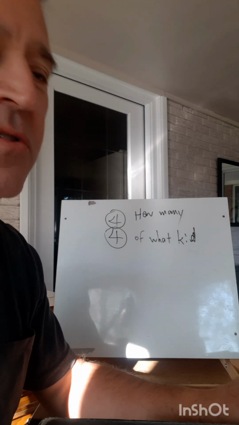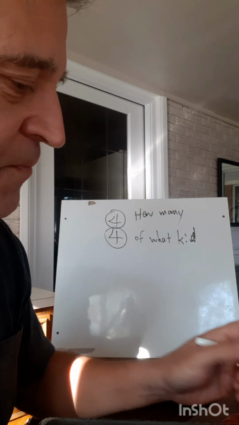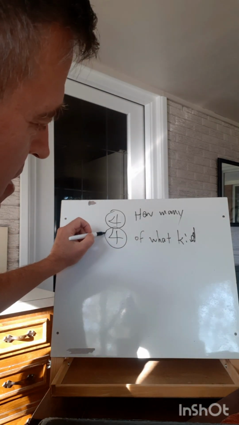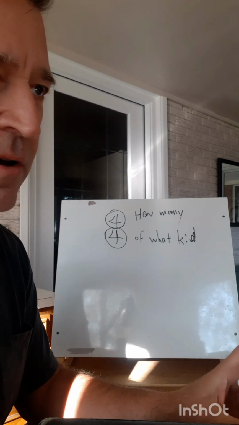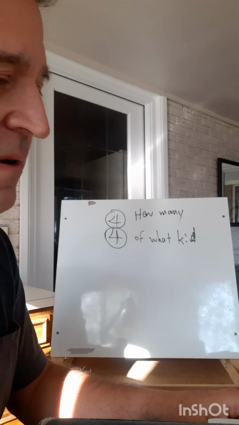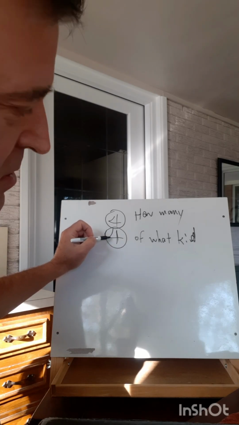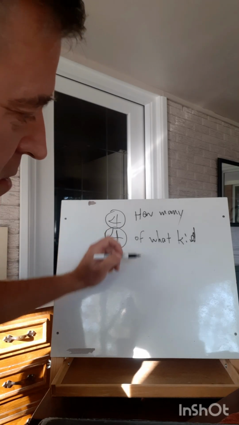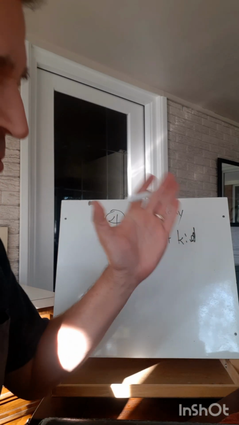We have whole notes, half notes, quarter notes, eighth notes, sixteenths, etc. And so that's what this bottom number means, what kind of notes are we talking about. And so here, if we have the number 4, then we're talking about quarter notes, and this is per measure. And so a measure is a unit of time that shows beats.